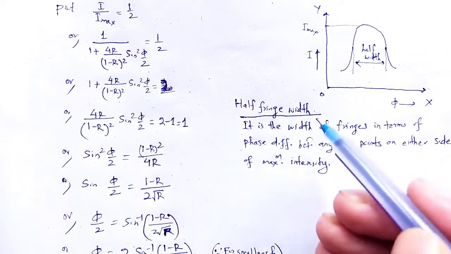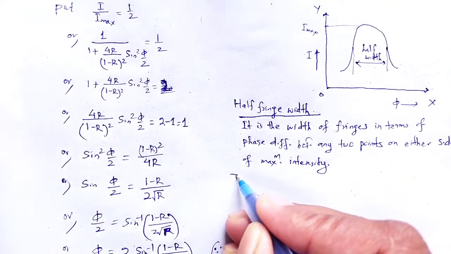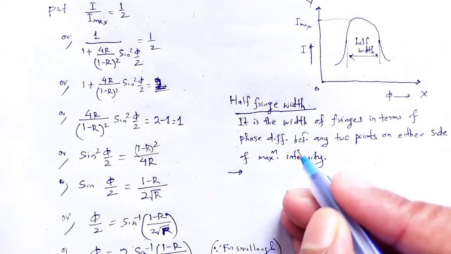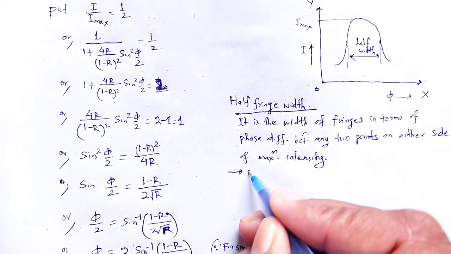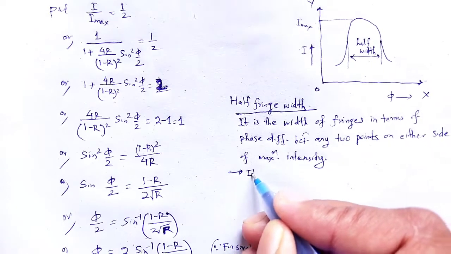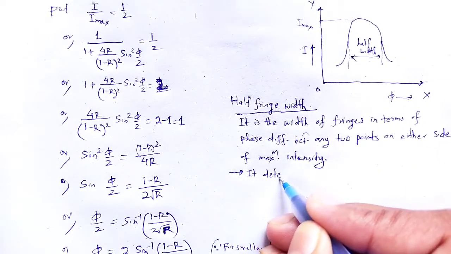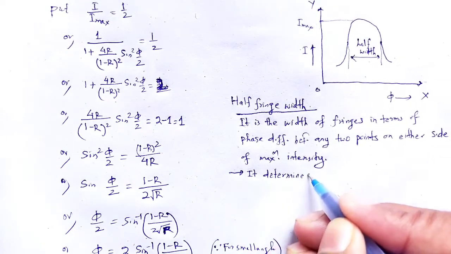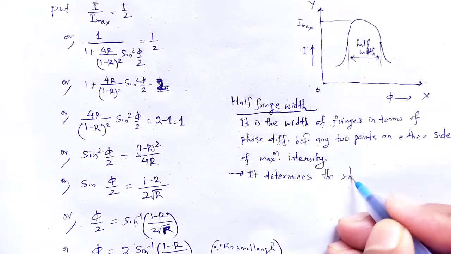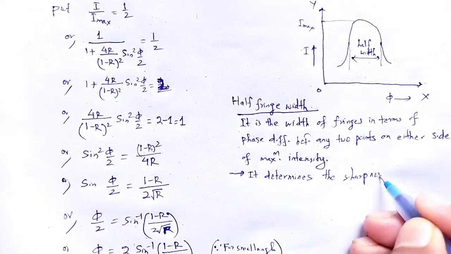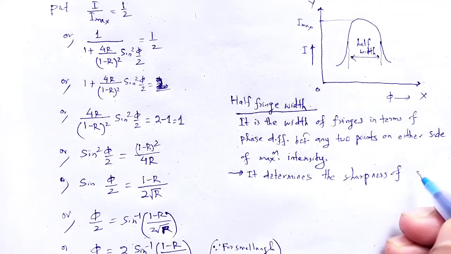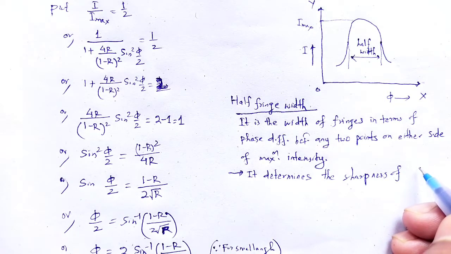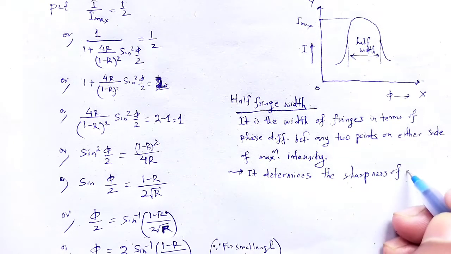So half fringe width determines the sharpness of maxima.